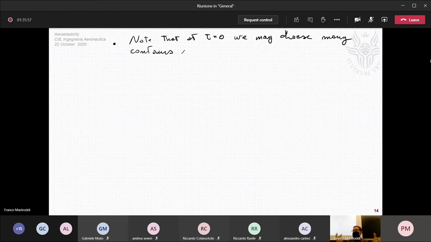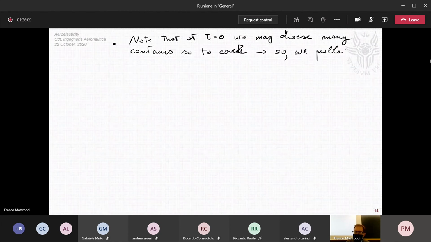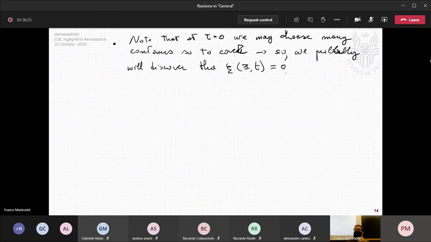And so we have the capability to discover that zeta of x in any time is equal to 0. Because of this double arbitrariness. The arbitrariness on choosing the initial contour, and the arbitrariness to consider all the surfaces having that contour as boundary.